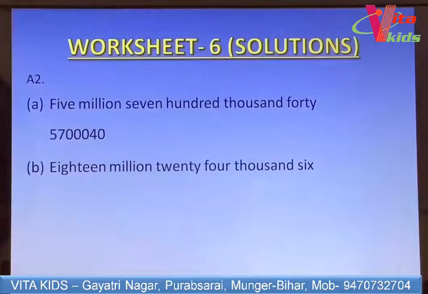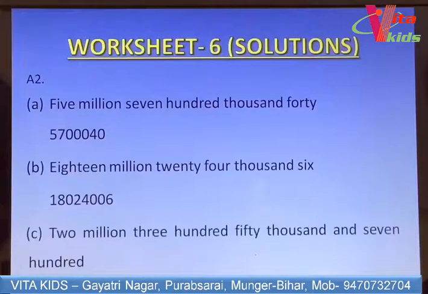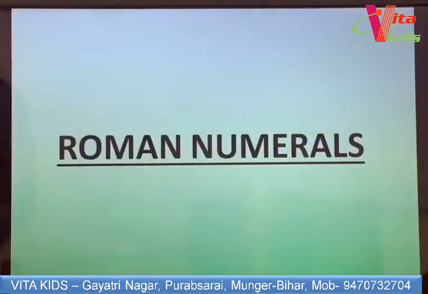So in figures it is going to be 18,024,006. C part, 2,350,700. This is going to be 2,350,700.